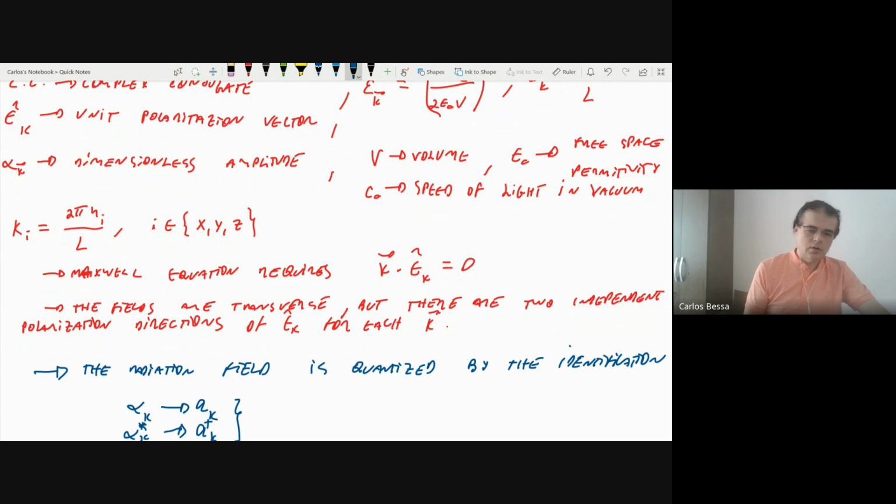So the electric field is quantized by this identification with the single harmonic oscillator operators.